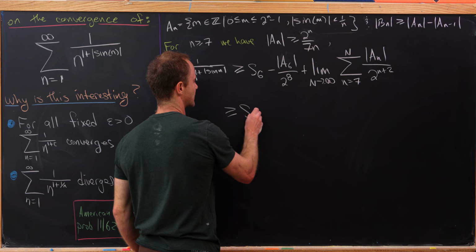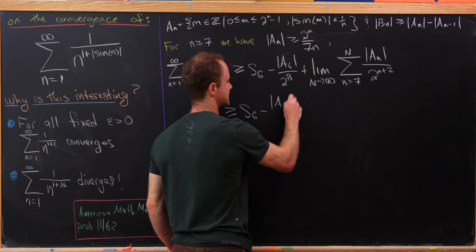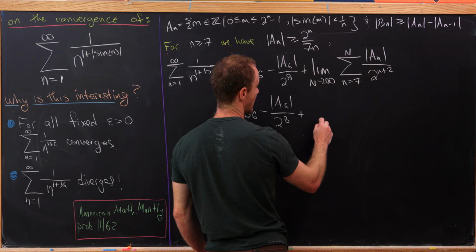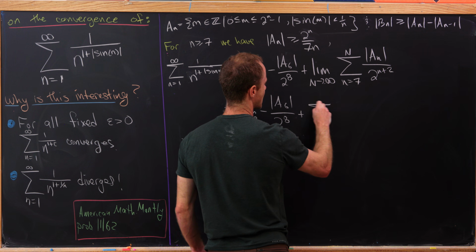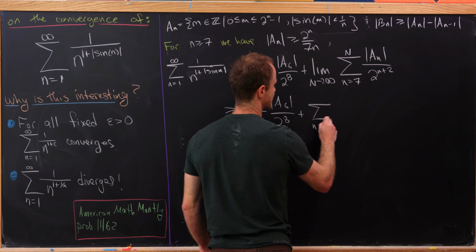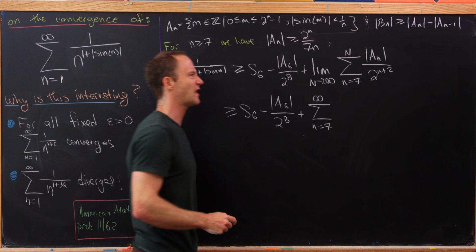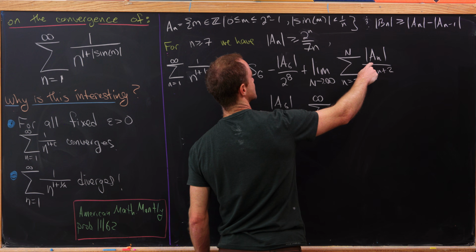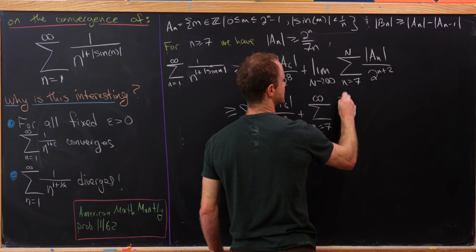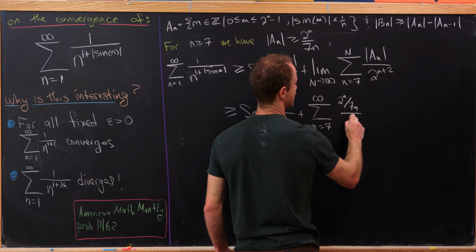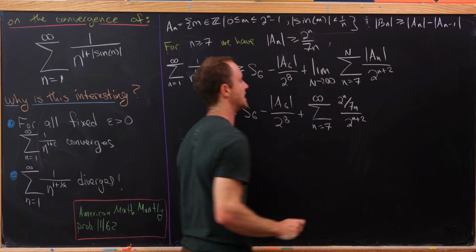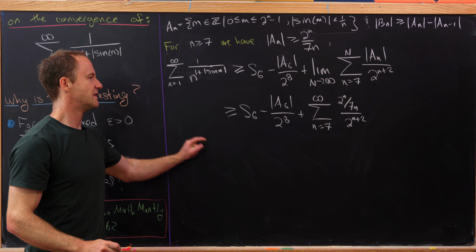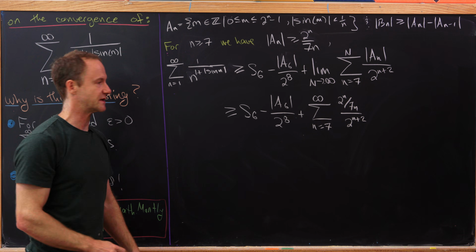So here we've got this is bigger than or equal to s sub 6 minus the size of a sub 6 over 2 to the 8, and then plus, well, now I'm just going to write this as the sum as lowercase n goes from 7 up to infinity, applying that limit of, well, I'm going to replace this size of a sub n with 2 to the n over 7 times n, and then we've got all of that over 2 to the n plus 2. Notice I had my inequality working, so that's why I was able to make that replacement.